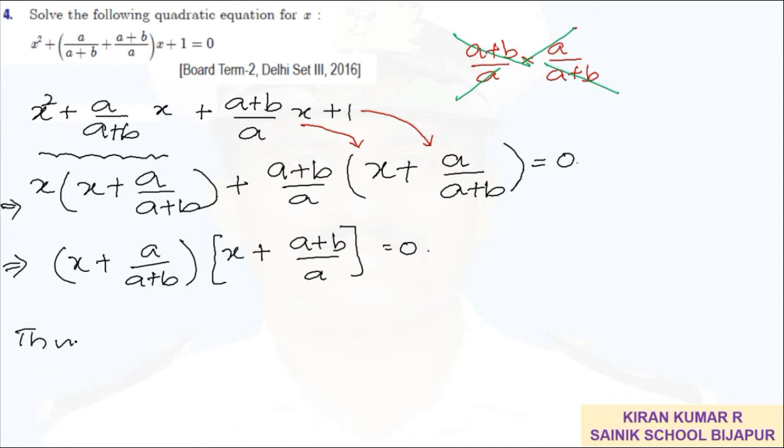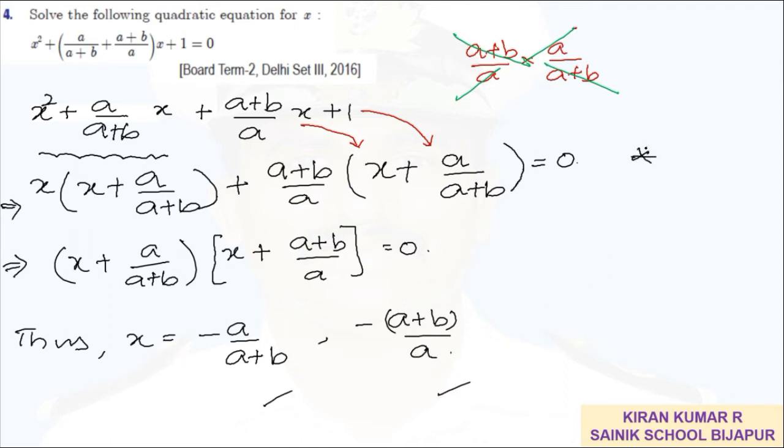Thus the roots are x equal to negative a by a plus b and negative a plus b by a. These are the roots. This step is a very important and crucial step. Understood?